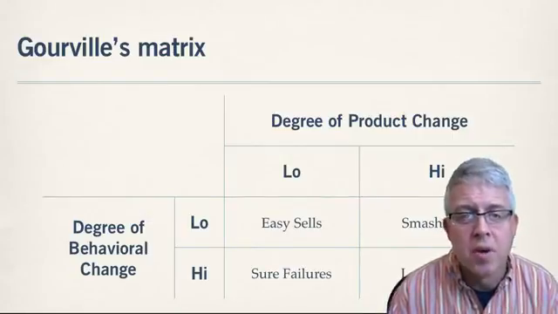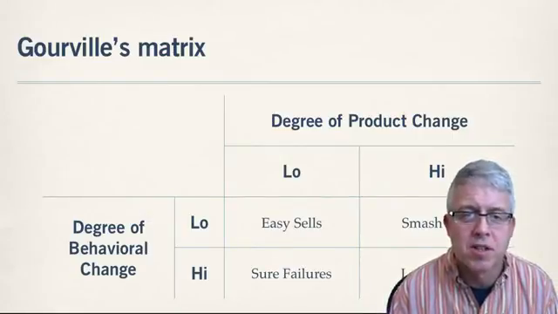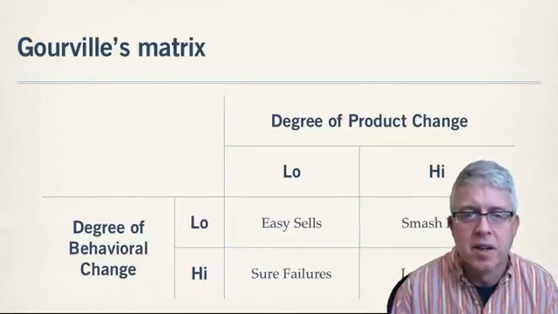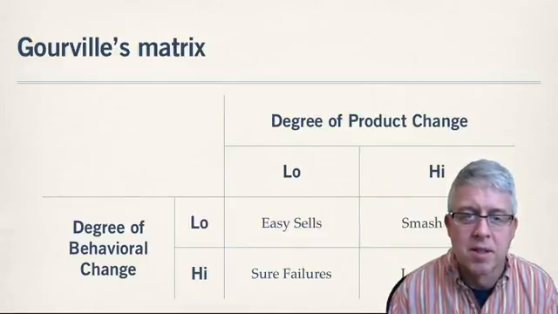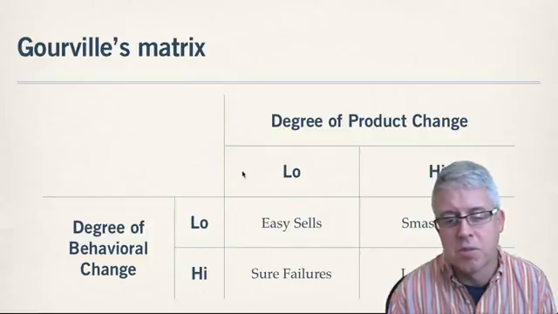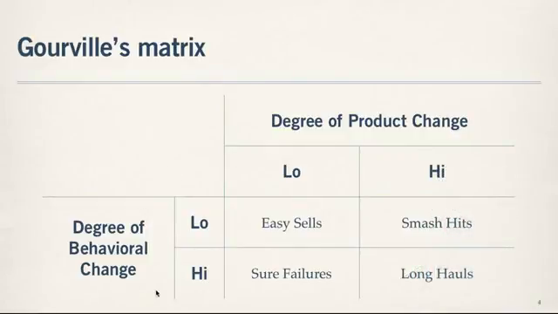Okay, next, I want to talk about Gourville's matrix that addresses innovation acceptance. He proposes a 2x2 here. Degree of product change from low to high. So here, the comments that I made earlier about relative change, they basically all apply here as well.